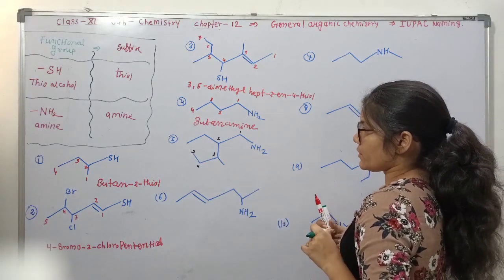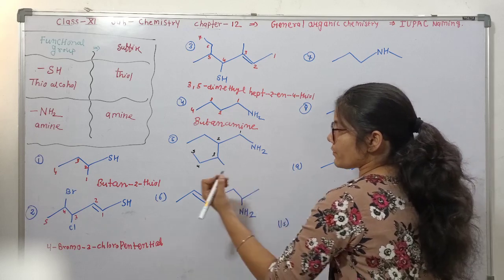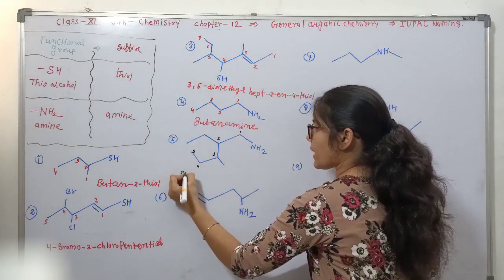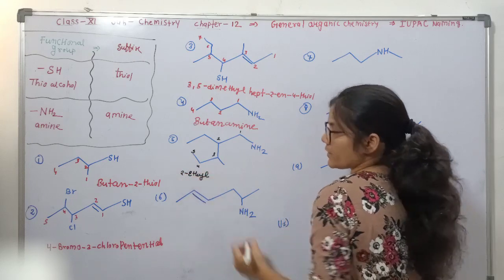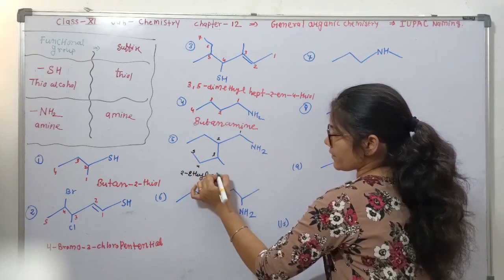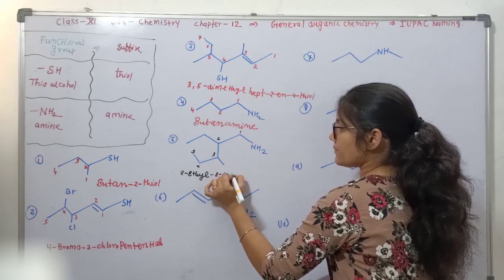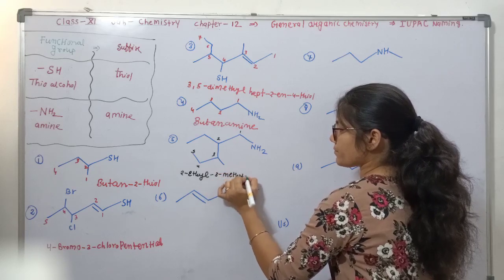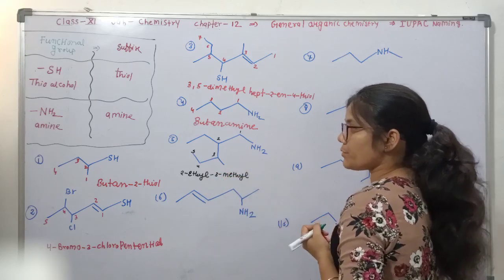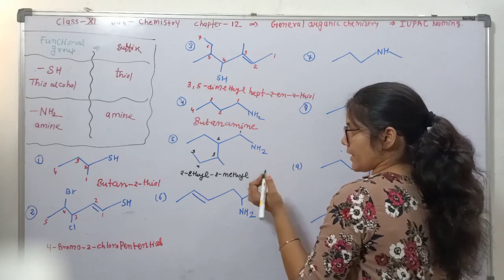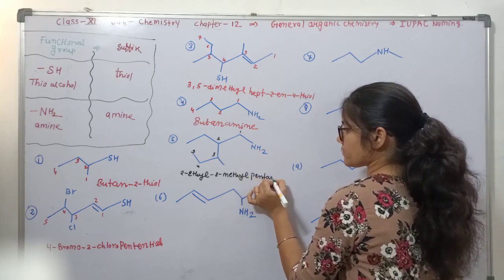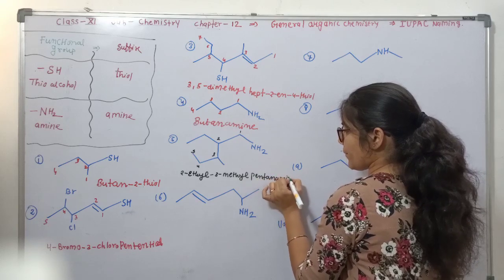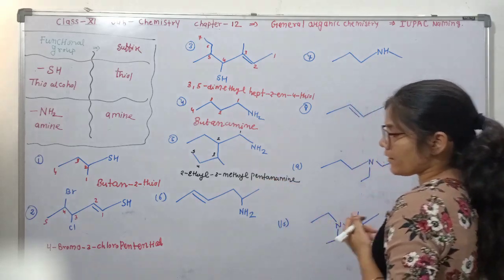So let's name the compound. We have ethyl on carbon 2, so it's 2 ethyl, 3 methyl pentanamine. Next one.